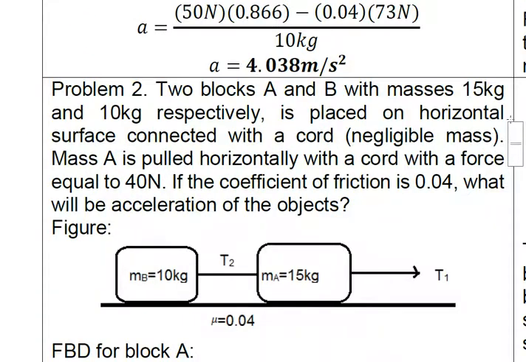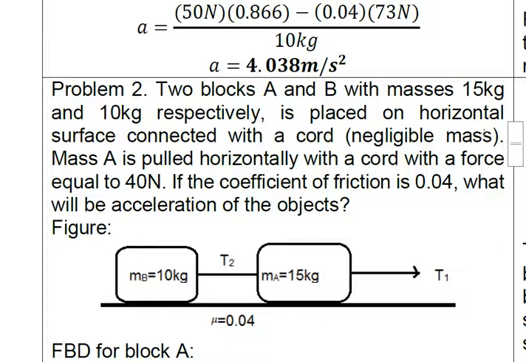Then basically we have another problem. The difference of this problem is that you have two masses or objects. The two objects have their respective masses, and we baptize these objects.